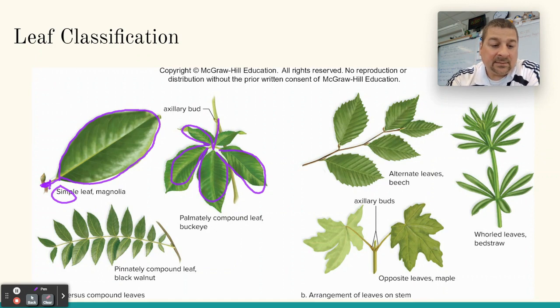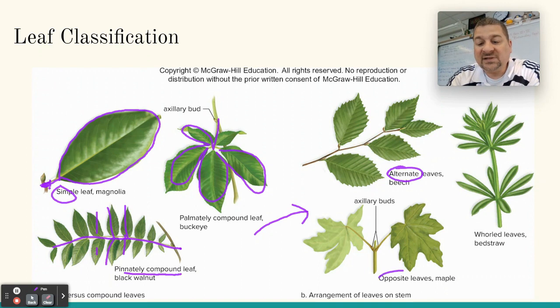A pinnately compound leaf is where you have your petiole and then the leaflets branching off either side of that. Okay, and when we talk about how leaves are attached to plants, you can look at alternate versus opposite.